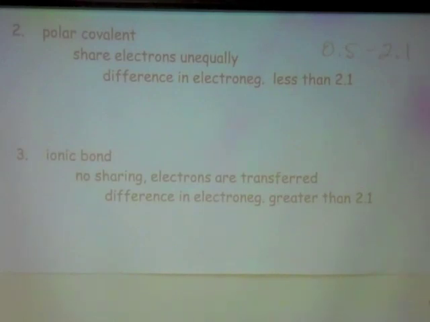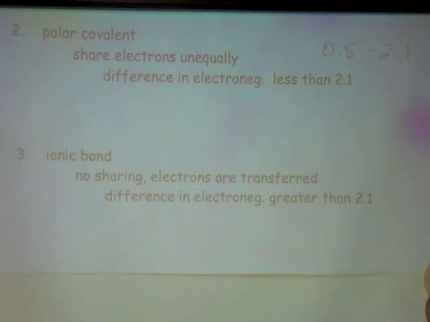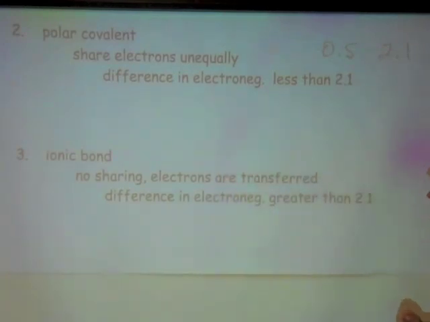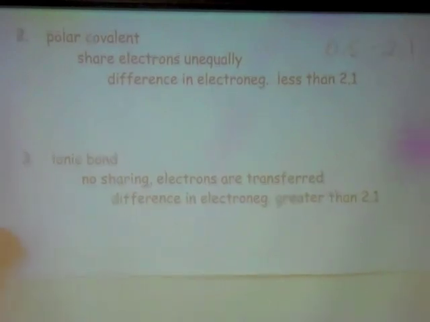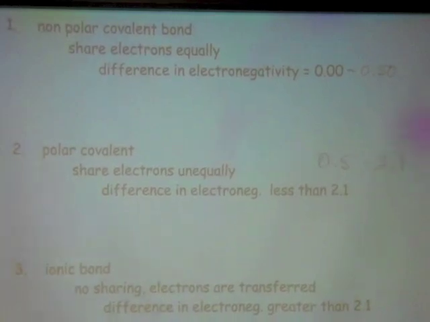But what we've added to this idea is that really bonding is a continuum based on differences in electronegativity. And we will see that there are some gray areas.